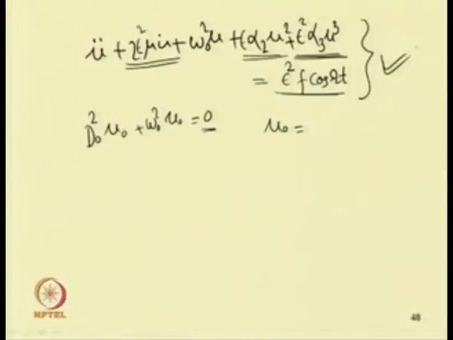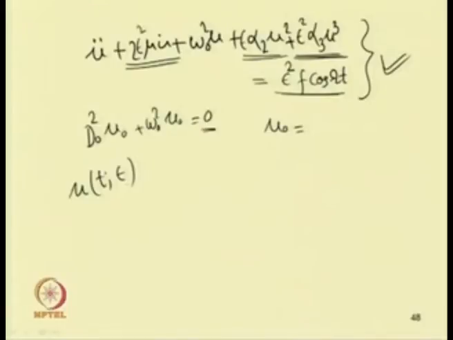In this particular case we are considering a simple condition in which we have taken the damping and forcing of the order of epsilon square, the cubic nonlinear term of the order of epsilon square, and the quadratic term of the order of epsilon. So, in that case we can take the solution u(t, epsilon).